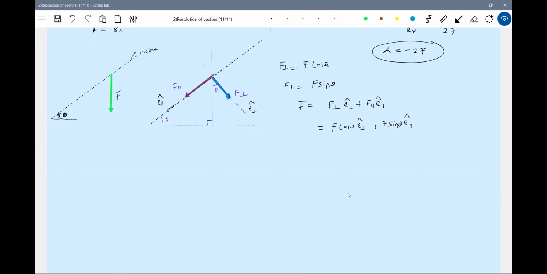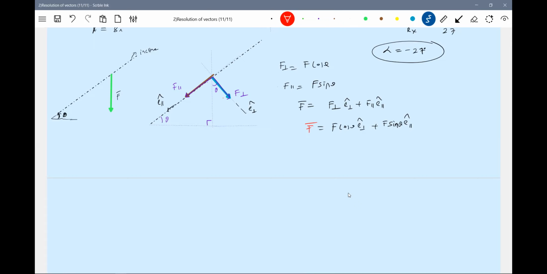So once again, what do you mean by resolution of a vector? Resolving it into its rectangular components, or breaking it up into its rectangular components, or splitting up a vector into its rectangular components. This was the resolution. The horizontal component will be along theta equals 0 degrees. The vertical component will be along theta equals 90 degrees.